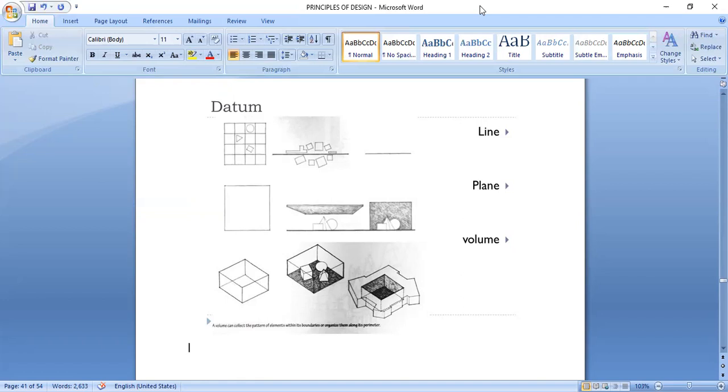So, I had given you guys homework yesterday, no? Did you guys do it? You have to select two architectural sites and write 3 words that define them.